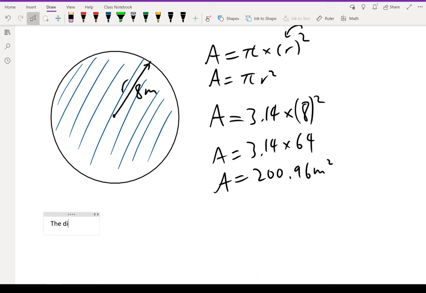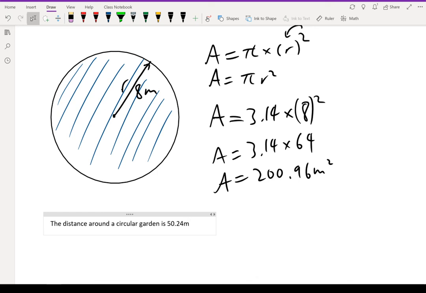So the distance around a circular garden is, let me find a nice number, 50.24 meters.